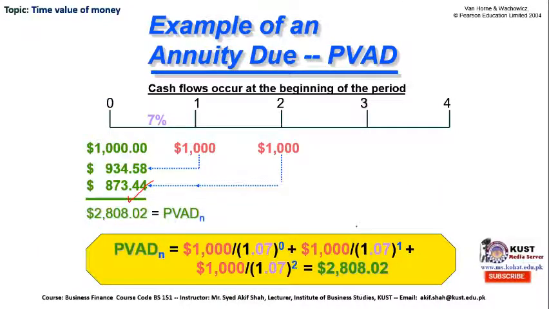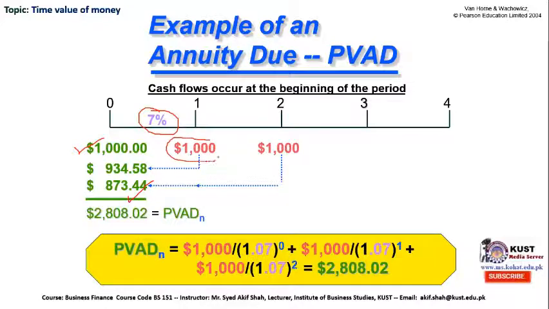So example of an annuity due, we have just put our $1,000 on the timeline and also mentioned the 7% compound interest rate. This 1,000 we have invested in today's date remains as it is.